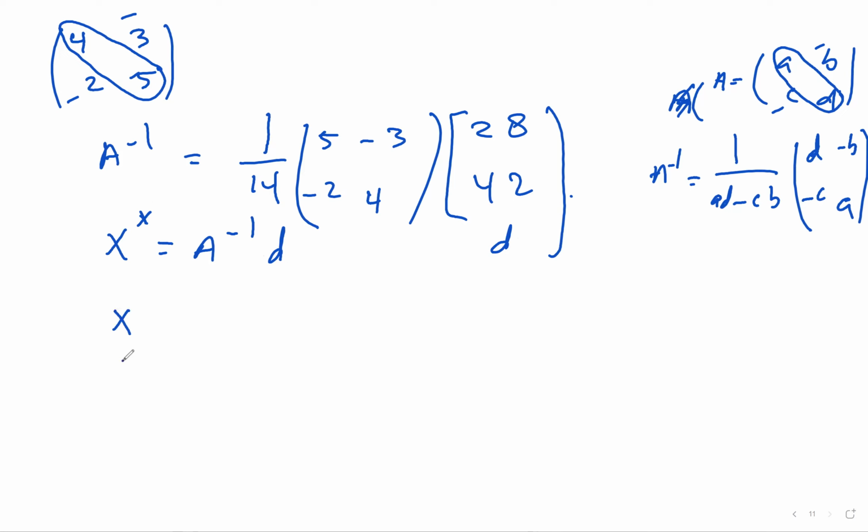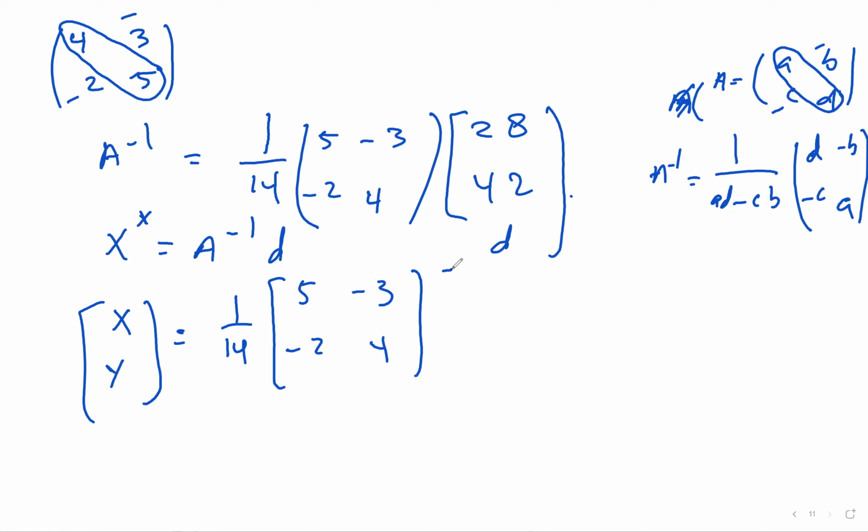We have X and Y. What's the inverse? You can write it as 1 over 14, times 5, minus 3, minus 2 and 4, then multiply by 28 and 42.